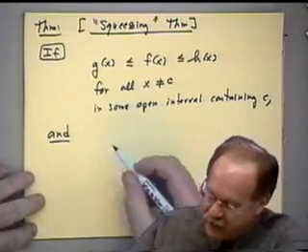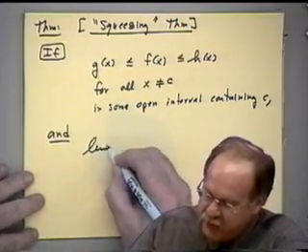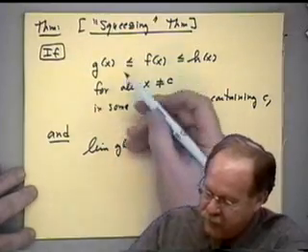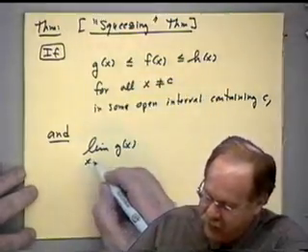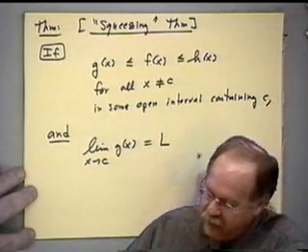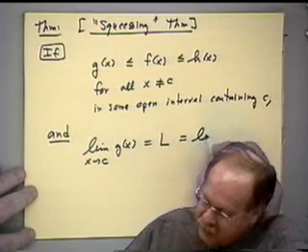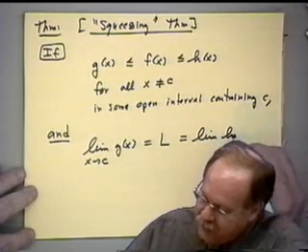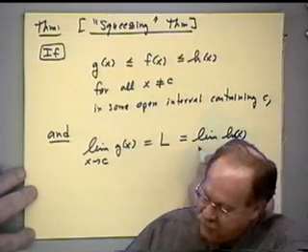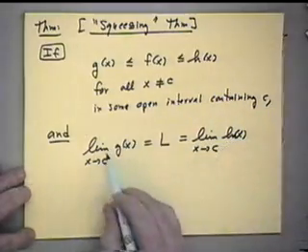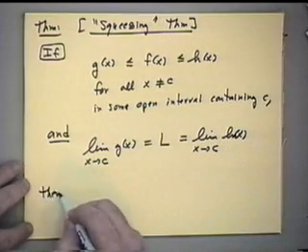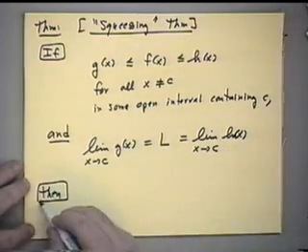Now here is the second hypothesis. I will also assume that if I take the limit of g of x, which is the bottom function, as x approaches c, I get some number, which I'll call L. That will turn out to be, in my hypothesis, also the limit of h of x, which is the top function, as x approaches c. So I will assume that those two limits are the same. And then you can even see what's going to happen next.